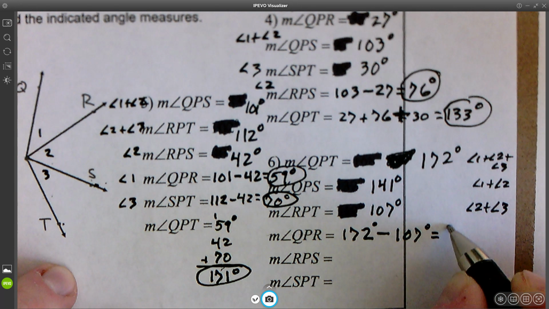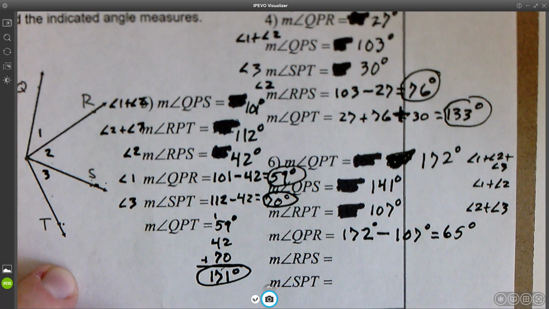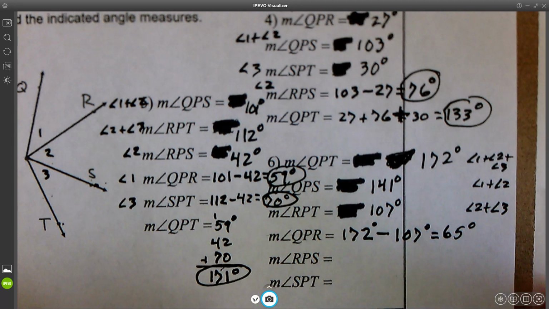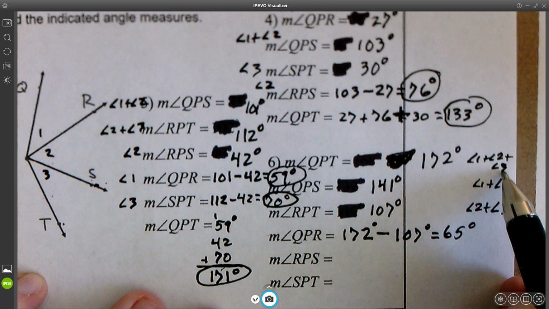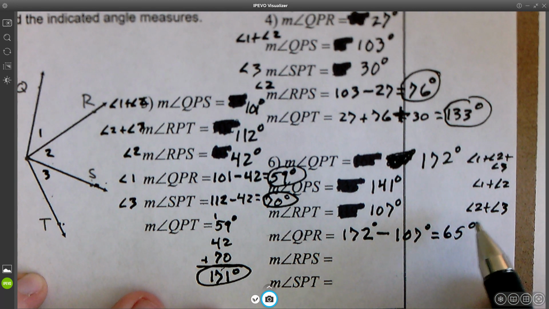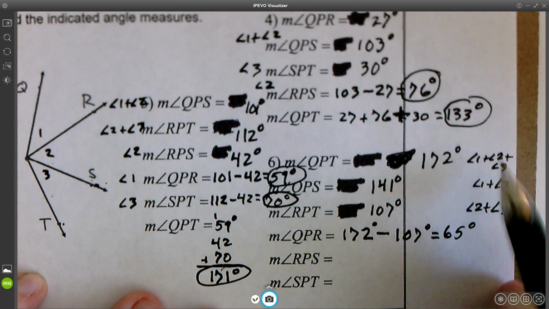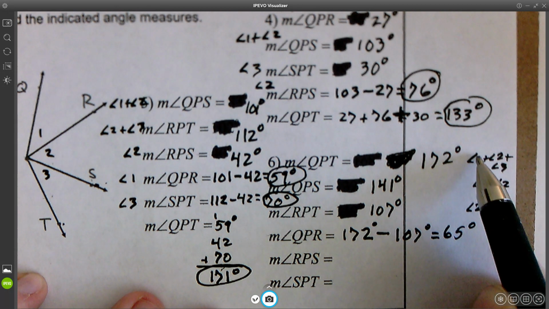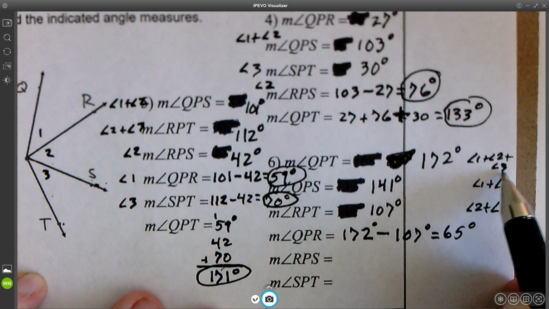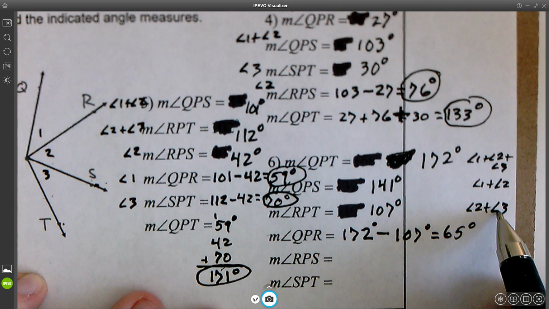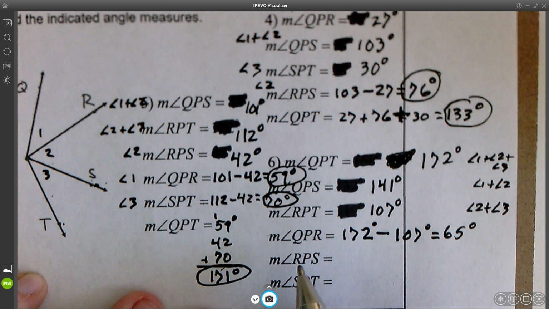Again, you got to look at what you need. So we need angle 1. We know 2 and 3. So whole thing, 1 plus 2 plus 3 minus the 2 and the 3. For RPS, we don't know what 2 is, right?